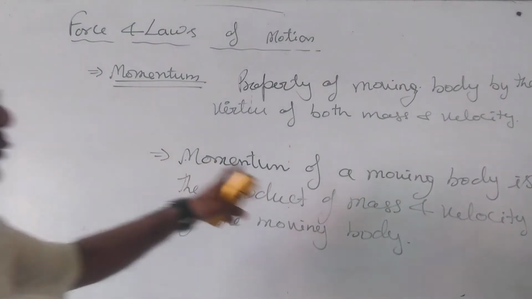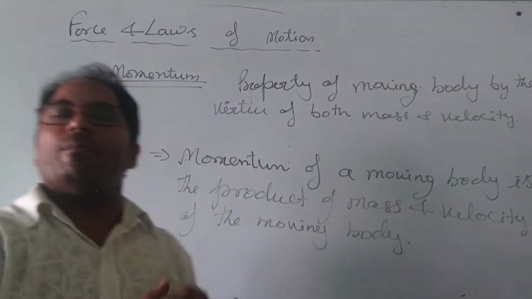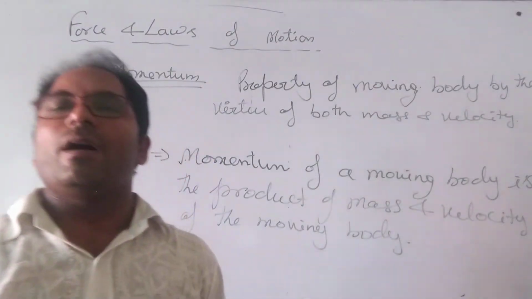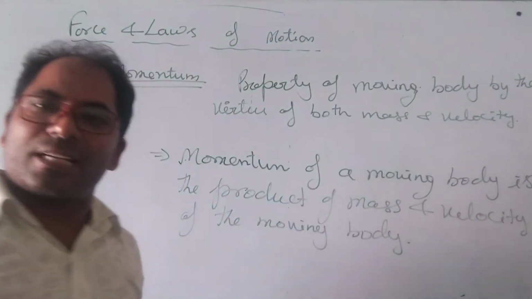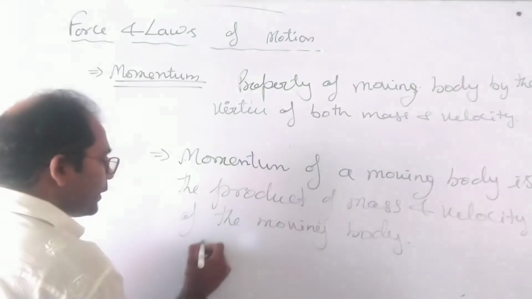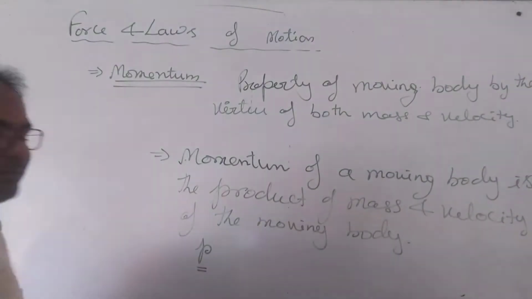So the momentum of the body will be the product of the mass and the velocity of a moving object. Is that clear? Momentum is denoted with a small letter p.